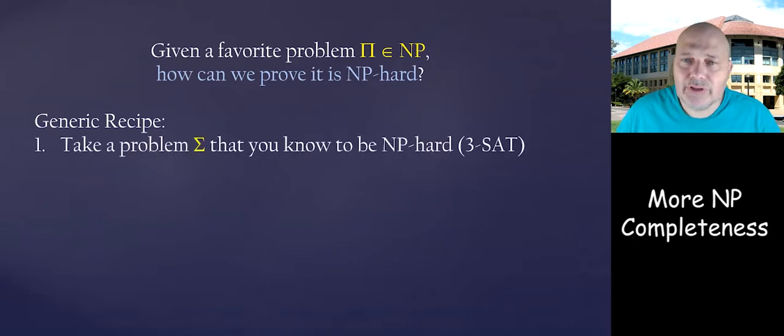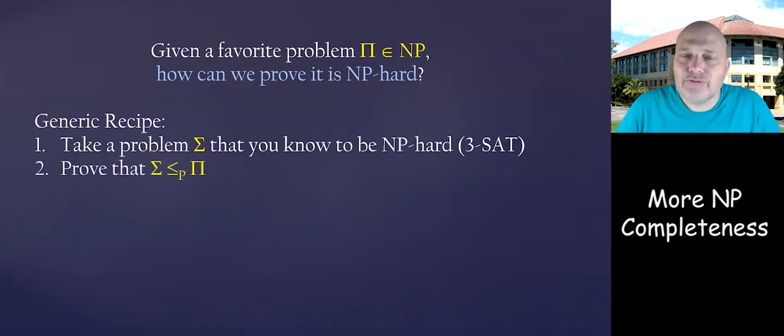The way we will do it is to take some other problem that we know is NP-hard. So far it's 3SAT, for example. In the future we'll have more. And then to prove that sigma is polynomial time reducible to pi. This is where I want to reiterate how to interpret this notation.